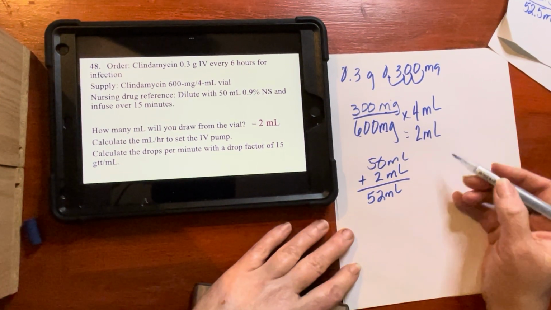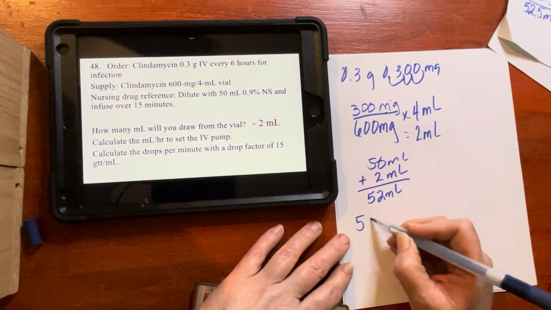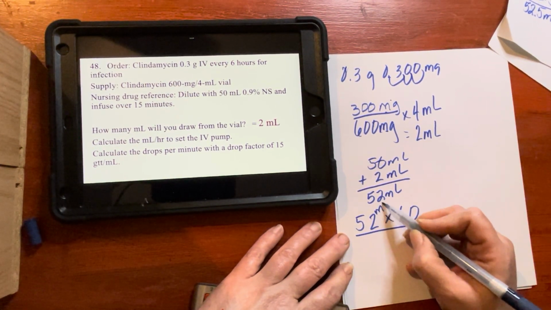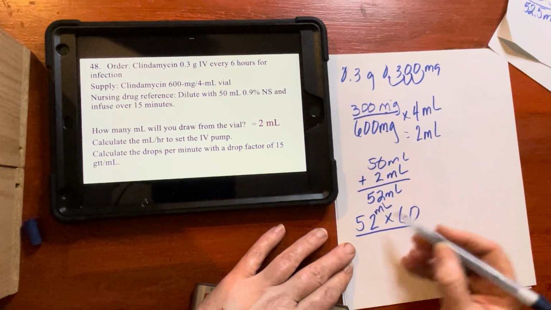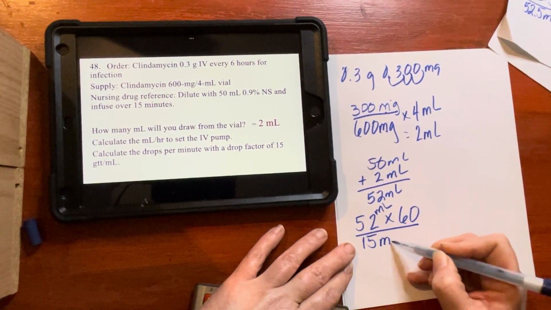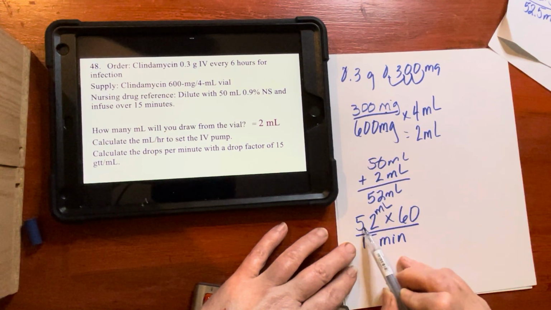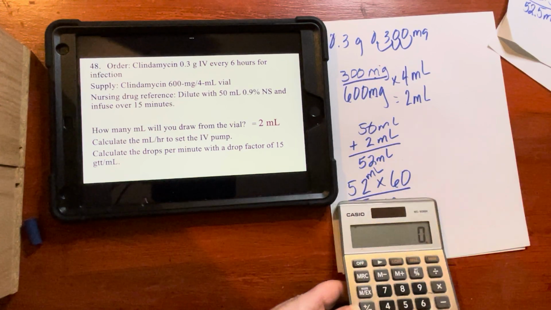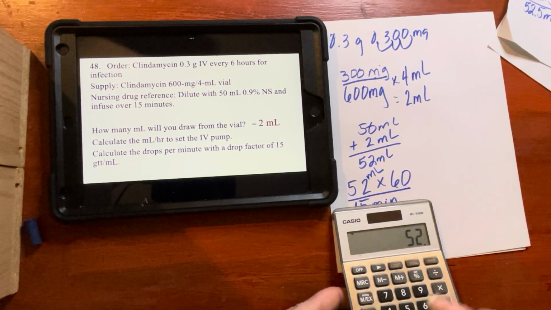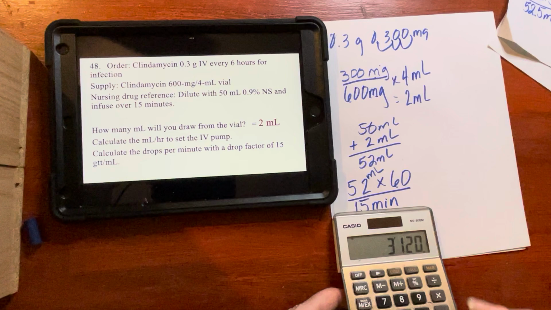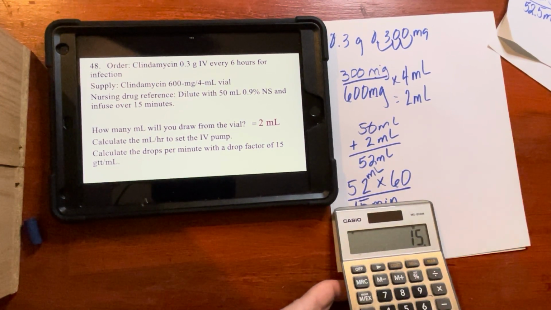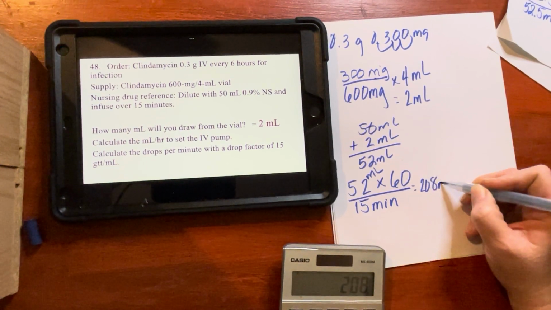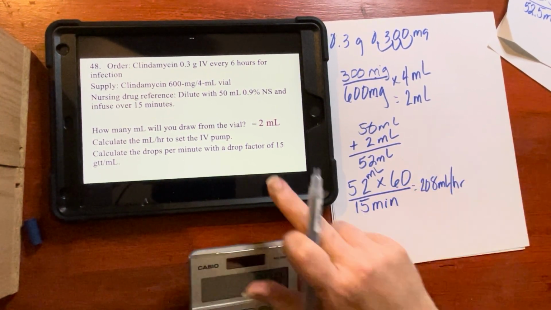We're going to do the same thing. 52 mL until the problem that we're dealing with, 60 minutes. Put mL so Ethel knows. And then 15 minutes. We're going to do all the math on the top and divide it by the number on the bottom. So here we go. Get your handy dandy calculator. 52 times 60 equals. Divided by 15 equals. So we're going to have to set that pump at 208 milliliters an hour.